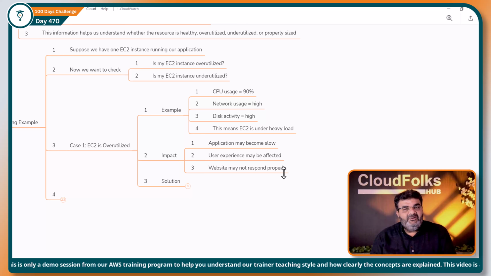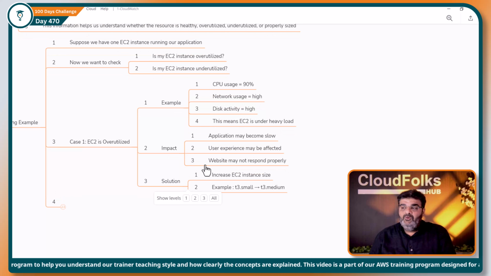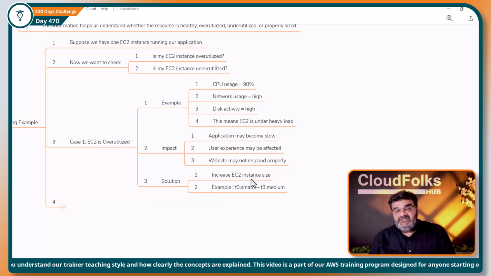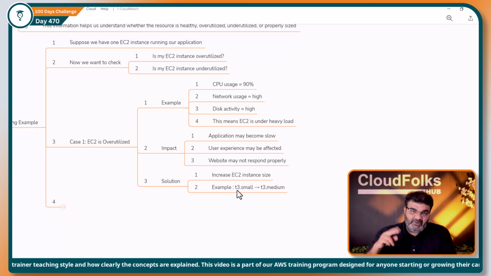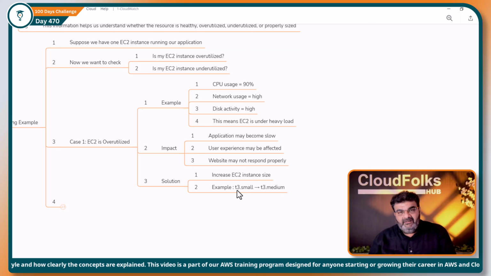Because your server doesn't have proper capacity. At the end, you are going to lose your customer. So, what is the solution? Increase the EC2 instance size. For example, if you have T3 small, you can increase the size from T3 small to T3 medium.